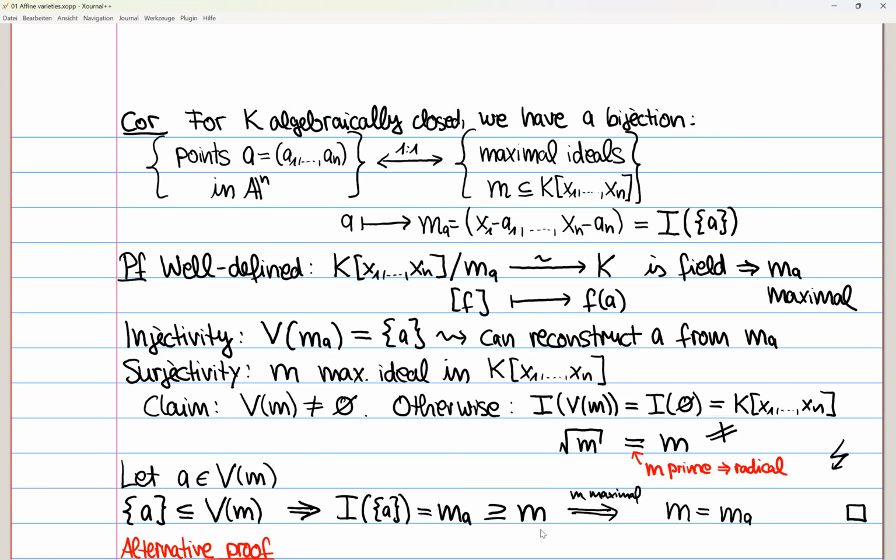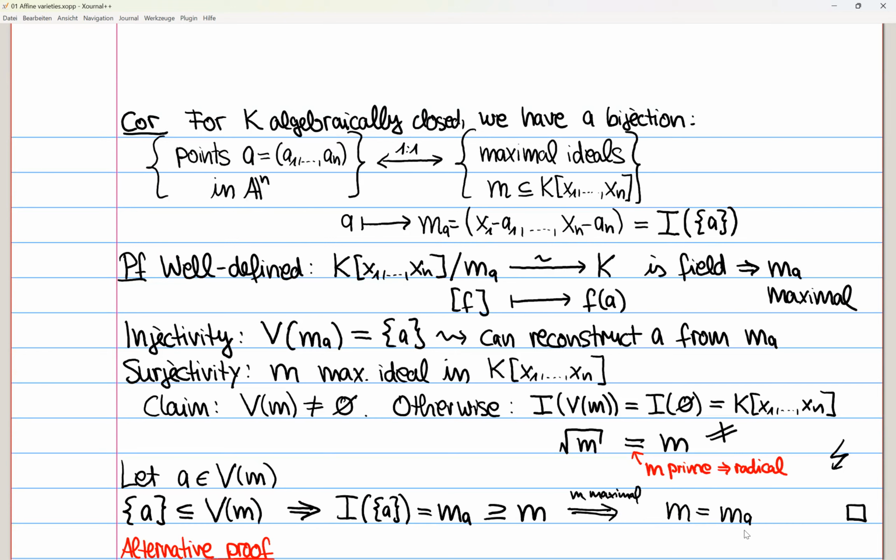But since it's maximal, we actually have an equality. And so indeed we could obtain this given maximal ideal in this form m_a. Okay. So this was the kind of pedestrian way of proving it, basically going back to commutative algebra facts.